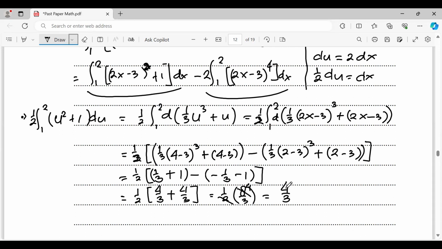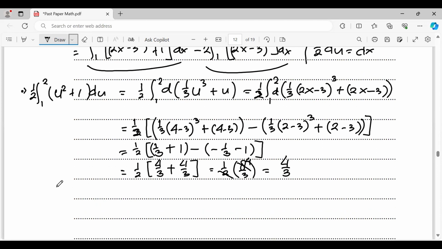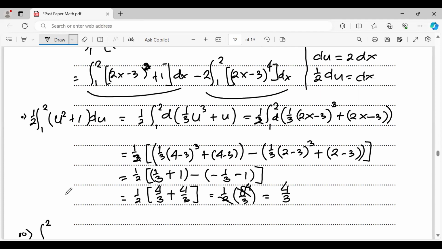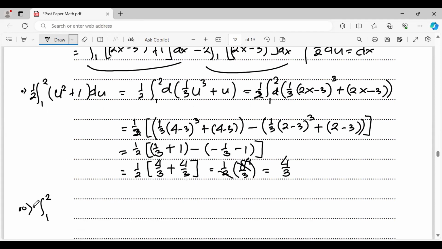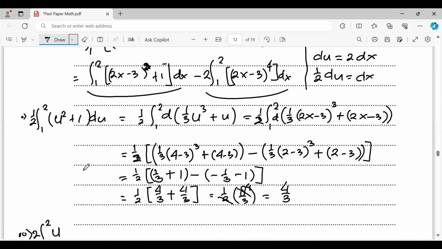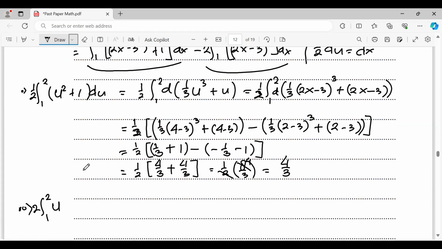And the second part, this one, integral 1 to 2 of, yeah, 2 times u. Okay, 2 in front, u power 4, times half du.